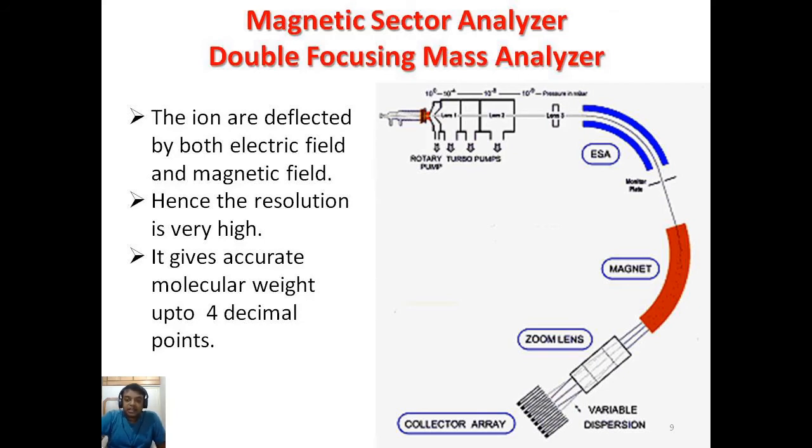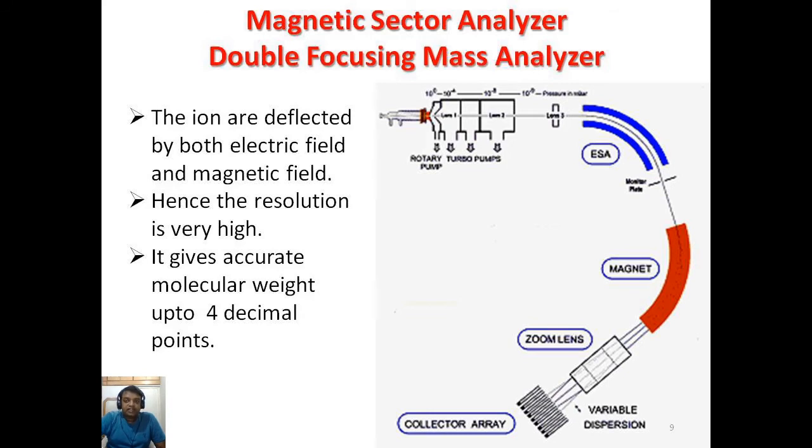The detector identifies the electron potential, the charge that the molecule carries, and this is identified by the amplifier. The amplifier is connected with the recorder, and the recorder provides the mass spectrum. The ions are deflected by both the electric field and the magnetic field.